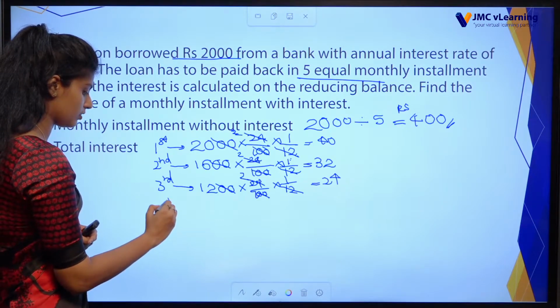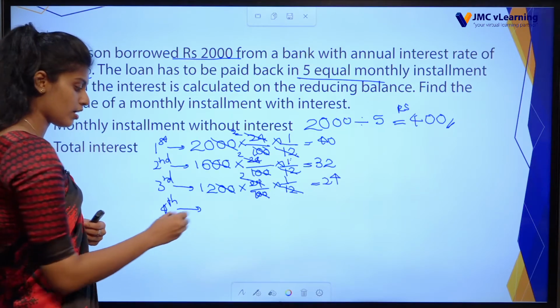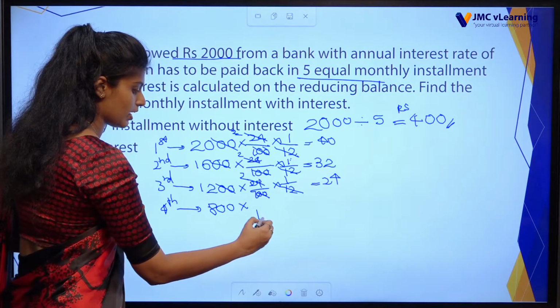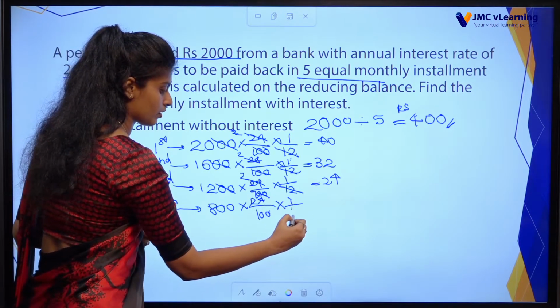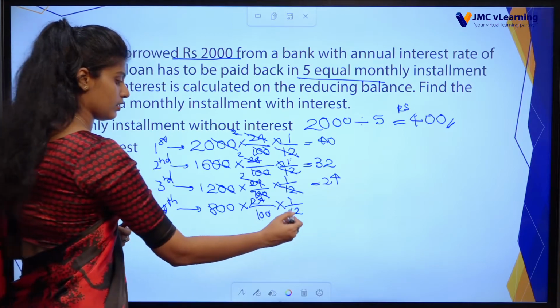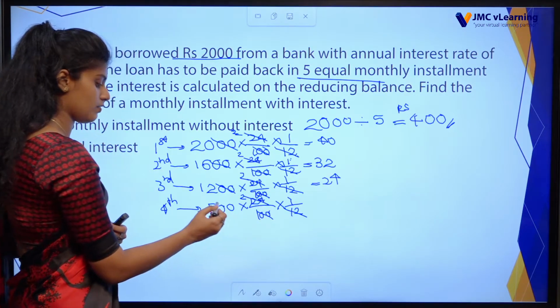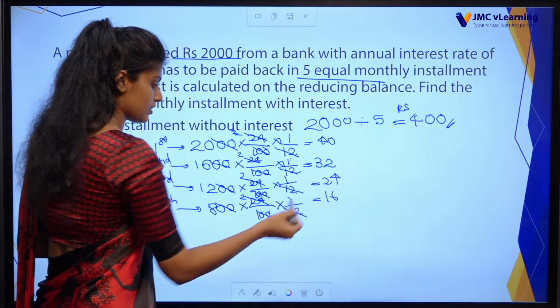Then fourth month, again reduce 400 rupees. Now 800 multiply by 24% into 1/12. Divide by 12, it's 2, cut zeros, then 8 into 2 is equal to 16.